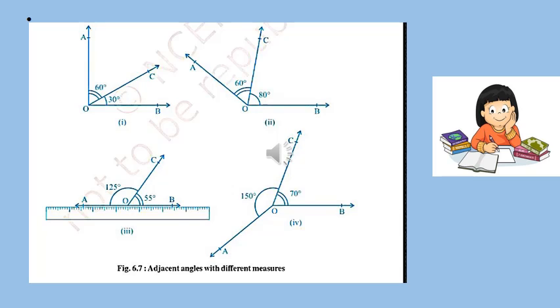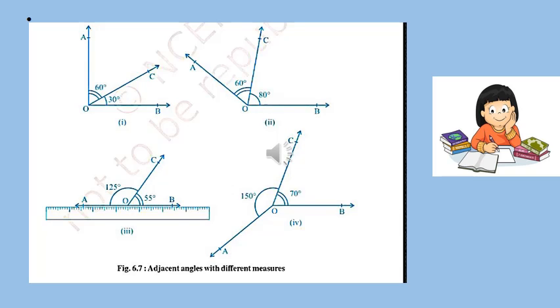Angle AOC and angle BOC are supplementary angles, adjacent angles, and also a linear pair of angles. See the fourth figure. Here again these two angles are only adjacent angles, not supplementary or complementary, because their addition is 220 degrees, but still they are adjacent angles.